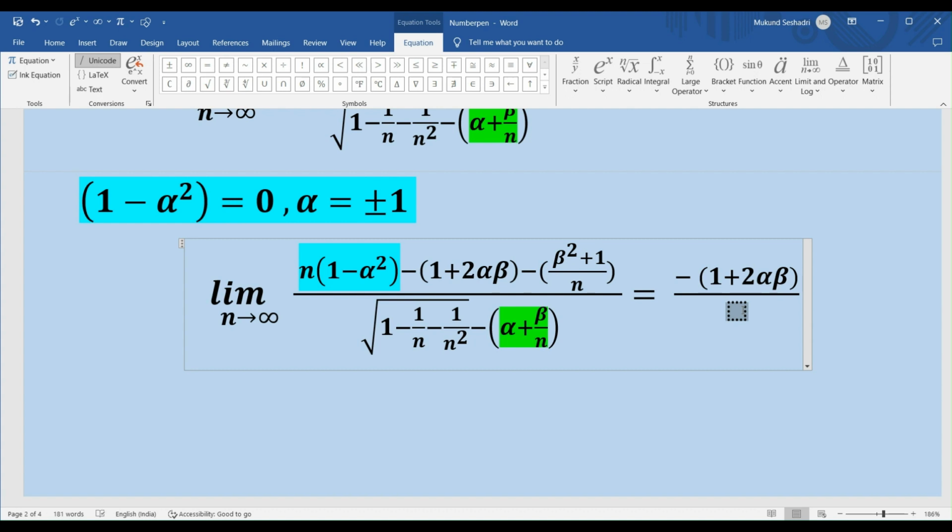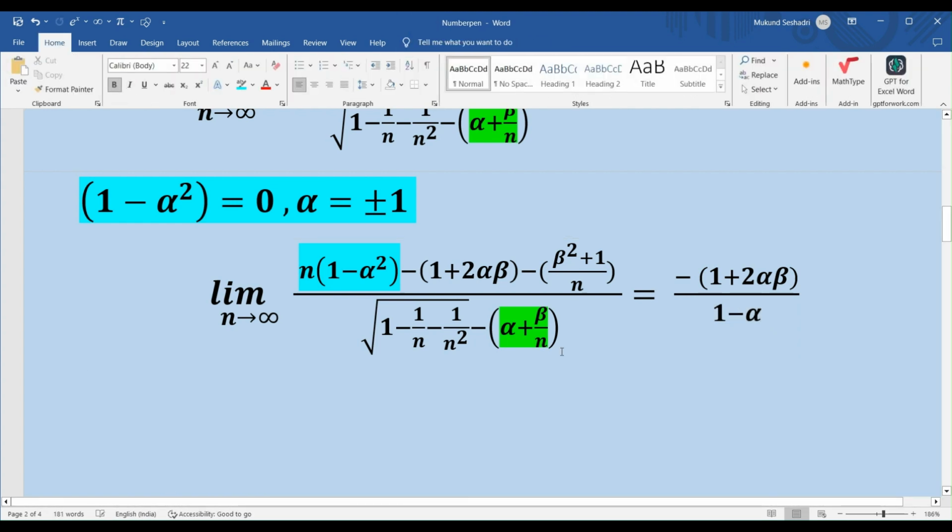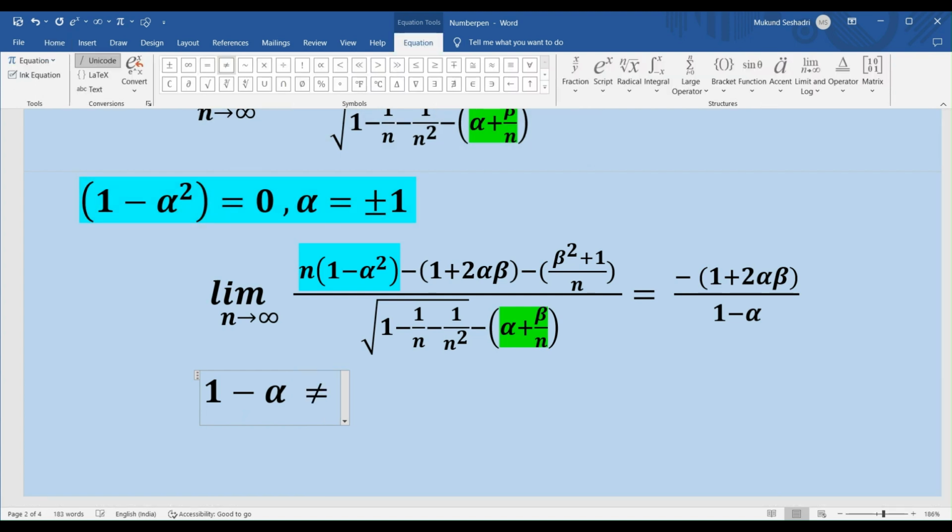My first part is a 1 as n tends to infinity, and my second part, alpha plus beta by n, becomes just alpha. If the limit is minus (1 plus 2 alpha beta) divided by 1 minus alpha, and we've been given in the question that this limit is 0, then I can confidently say that 1 minus alpha cannot be equal to 0, because then your limit cannot be a finite one, because the denominator would be 0. So 1 minus alpha can never be equal to 0, which means my alpha can never be equal to 1. I hope you folks are with me.